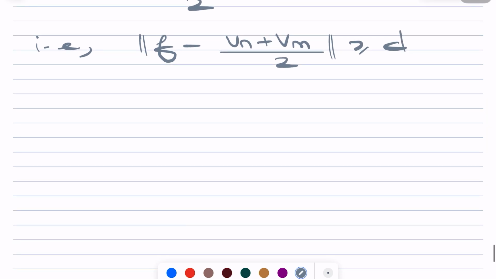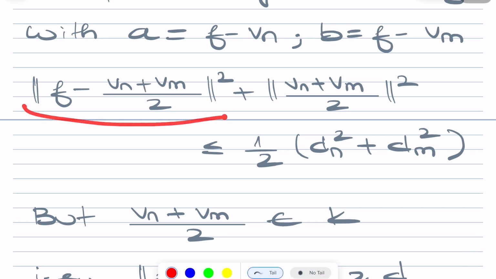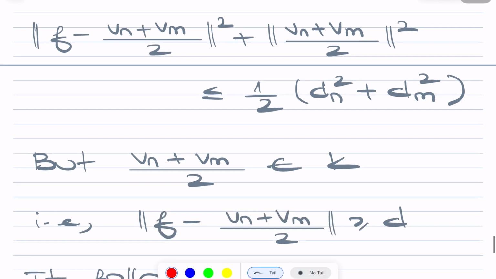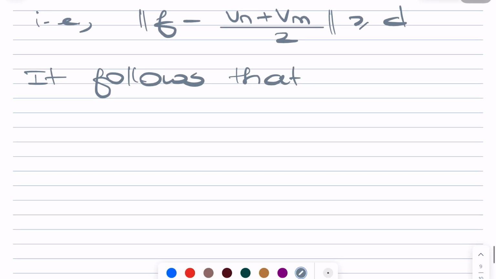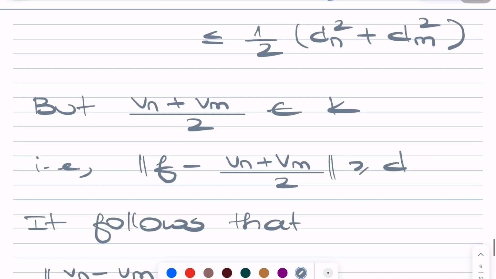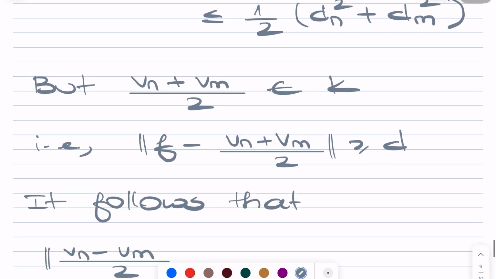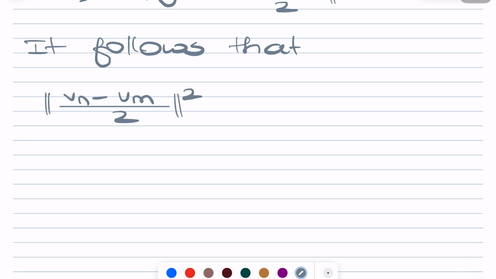It follows that, pulling this quantity to the other side, the norm of v_n minus v_m over 2. Let me just check something. I think I made a mistake here. This is minus, not plus. Good.